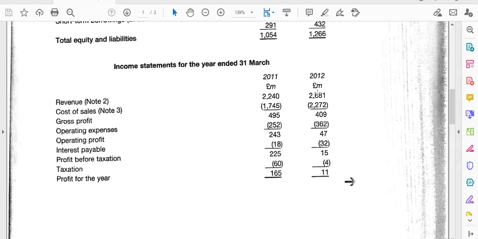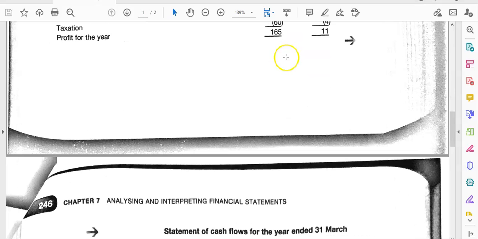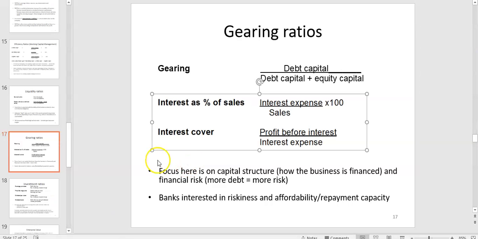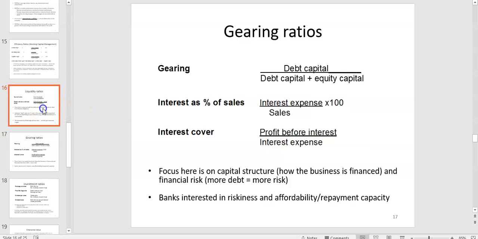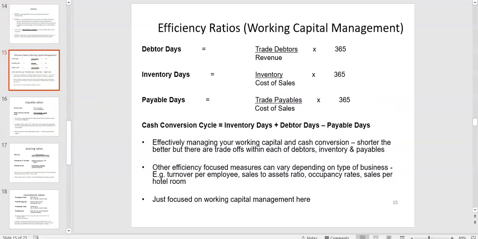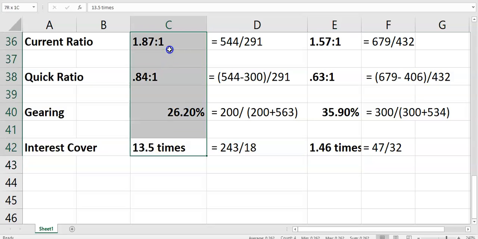So what we're trying to show you with this example is you need to start reading between the lines. Yes, calculating the variances, or not variances, apologies, that's management accounting. Calculating the ratios here is important, but you have to be able to tell a story as well. So it's linking the calculations and the output that you get to tell a story.